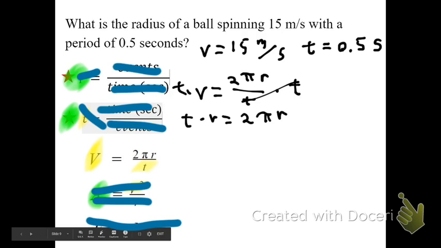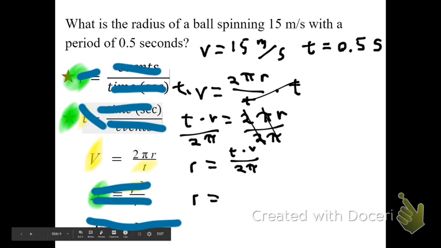And now we need 2 and pi to move over, so we're going to divide both sides by 2 pi. So that both of these will cancel. So our radius ends up being t times V over 2 pi.